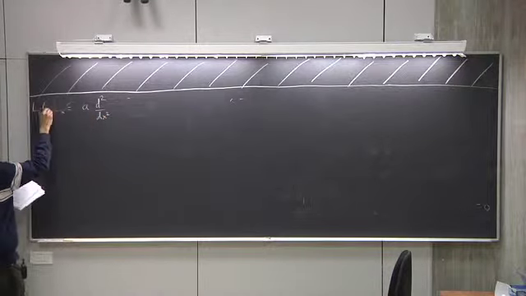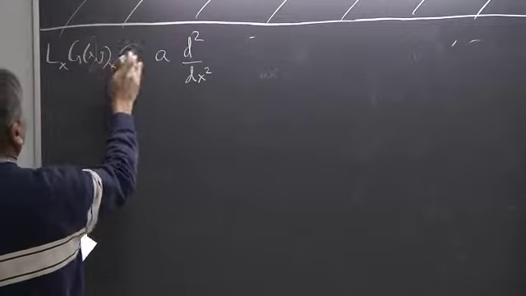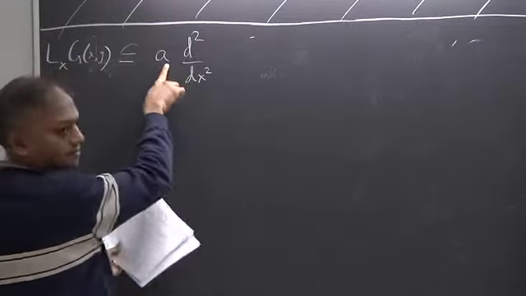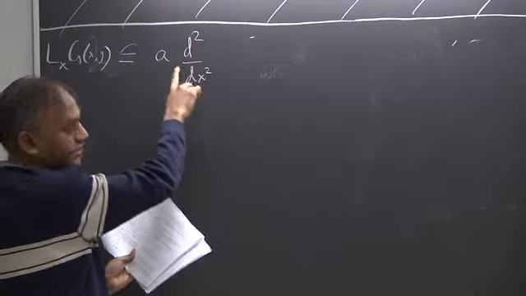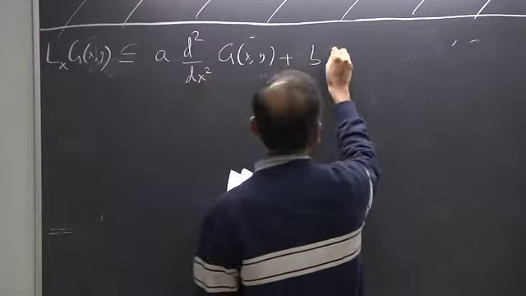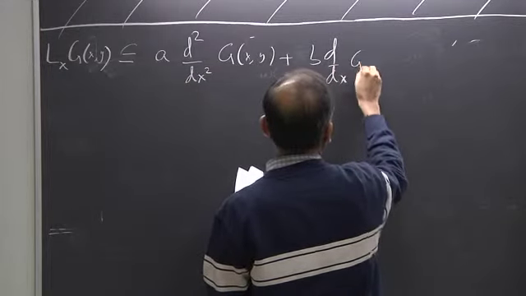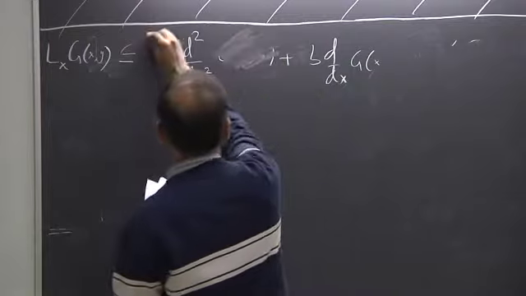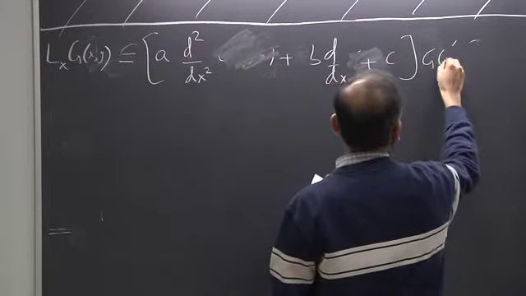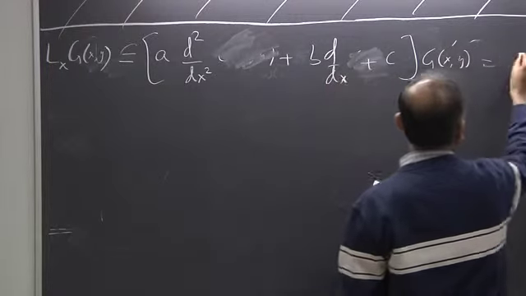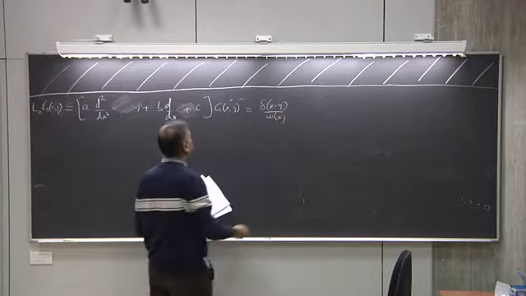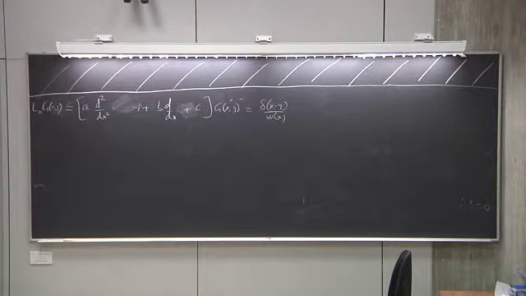Lx of G(x,y) is equal to a d2G(x,y)/dx2 plus b dG(x,y)/dx plus c G(x,y), and that's equal to delta(x minus y). So this is our explicit equation, using the explicit form of Lx.